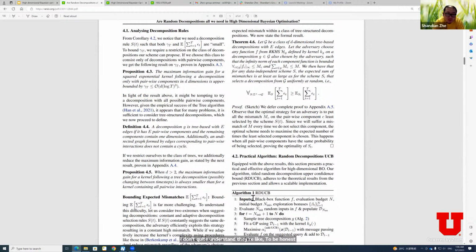Okay, the maximum information gain for a squared exponential kernel, following the decomposition with only pairwise components in d dimensions, is upper bounded by... Okay, so when it comes to tree structure, which we now proceed to define.